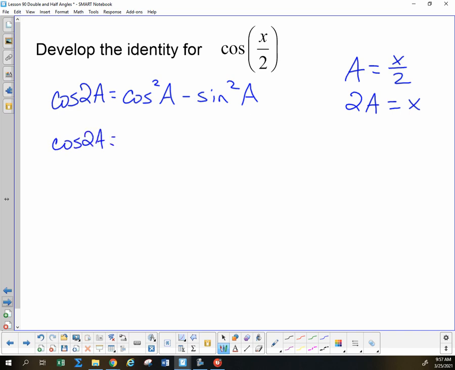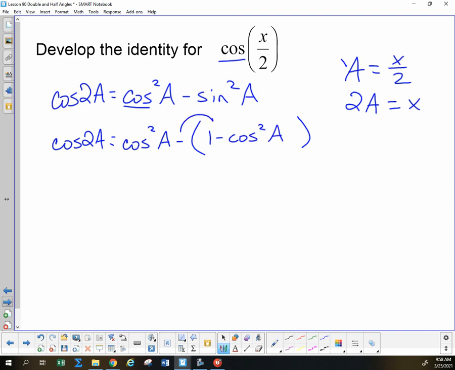This time I want to have cosines, since I am trying to get an identity for x over 2, that's what a is. So I'm going to keep that first cosine squared of a minus, I'm going to put parentheses around it so I don't forget to distribute the minus sign. Sine squared is 1 minus cosine squared of a.